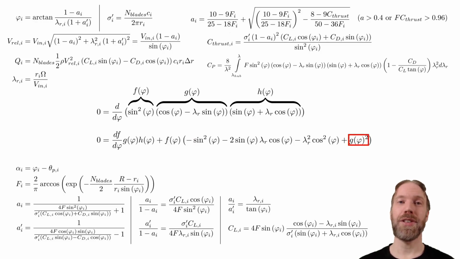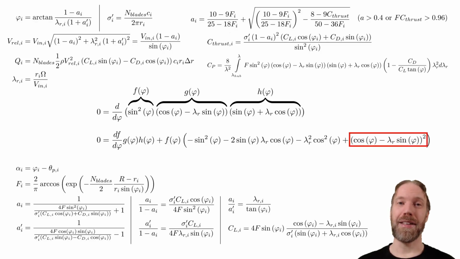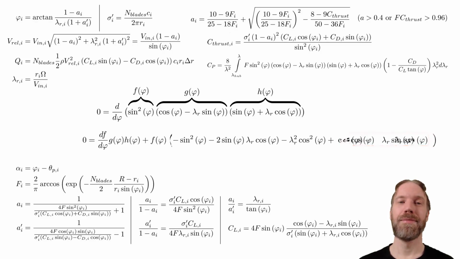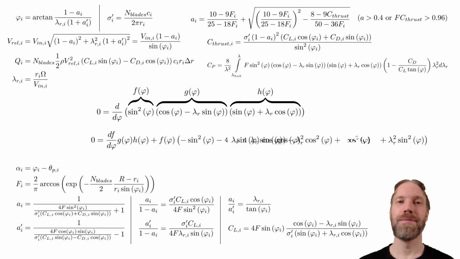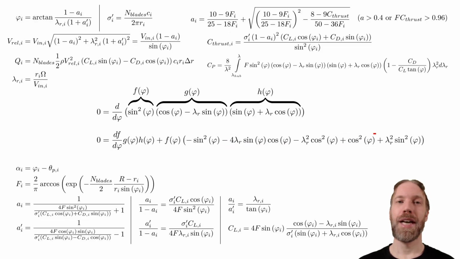Insert expression for g of phi. And expand the square. These can be combined. Place first in the parentheses.